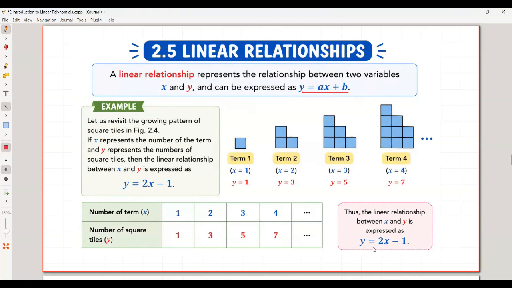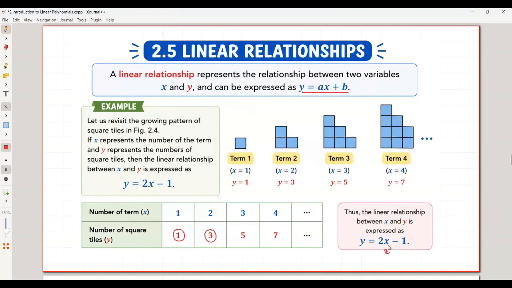If the number of terms is increasing, the number of square tiles is also increasing. This is the relationship between x and y. If I take x is equal to 1, 2 ones are 2, 2 minus 1, I will be getting y is equal to 1. If x is equal to 2, 2 twos are 4, 4 minus 1, 3, y is equal to 3.